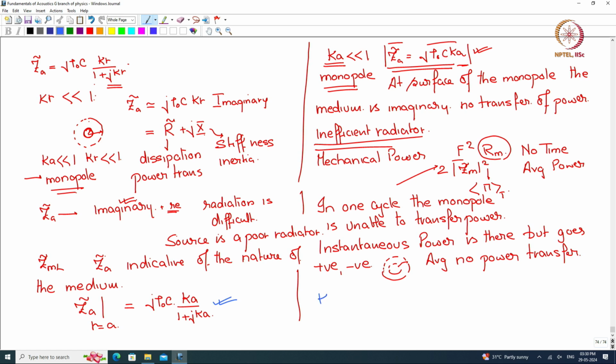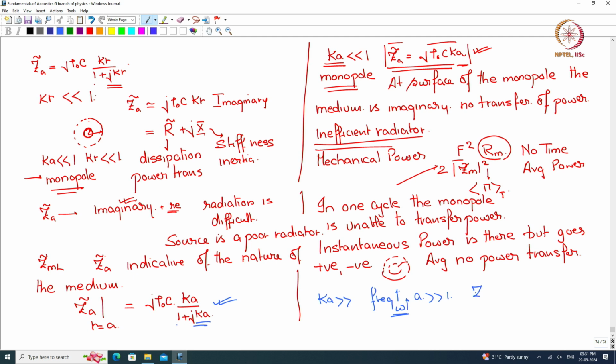Whereas on the other hand, from the same expression, if Ka becomes larger, that means either the frequency goes up or the source dimension goes up. Why does frequency going up matter? Because K goes up, since K is omega by c. So either omega goes up or A goes up. In this expression you can see in the denominator Ka is much bigger.